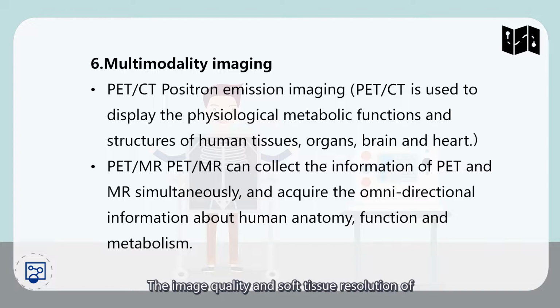The image quality and soft tissue resolution of PET-MR are higher than those of PET-CT. It is of great value for early and accurate detection of lesions, accurate localization, and guiding clinical treatment.